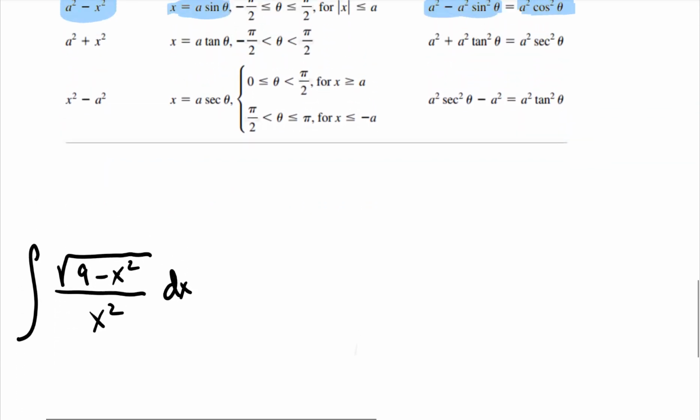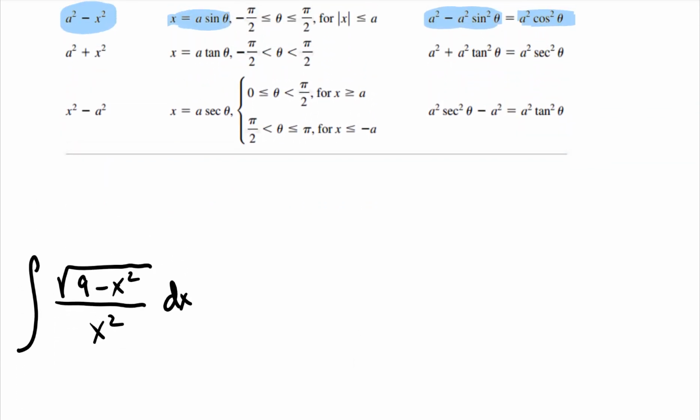So this is the scenario we came up with. Right inside of here, we have the square root of 3 squared minus x squared. We're going to do these things a little differently. We've done u subs before, but not quite like this.